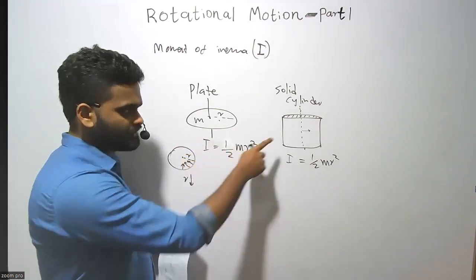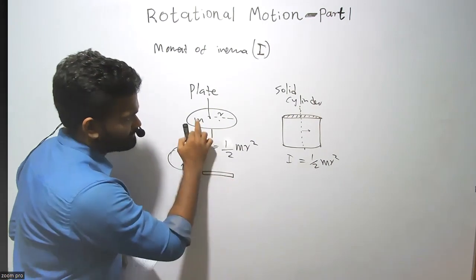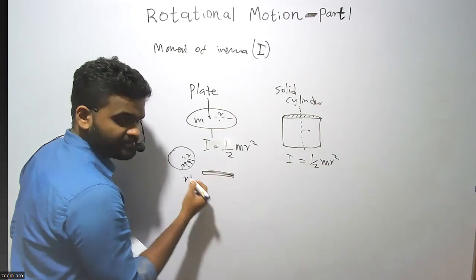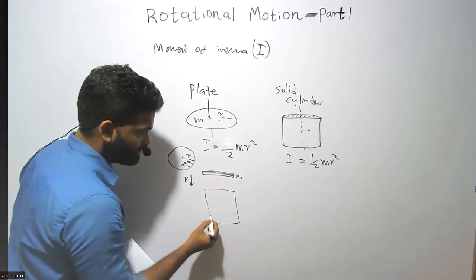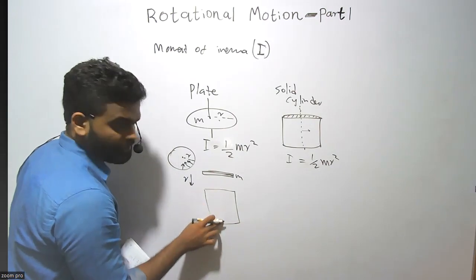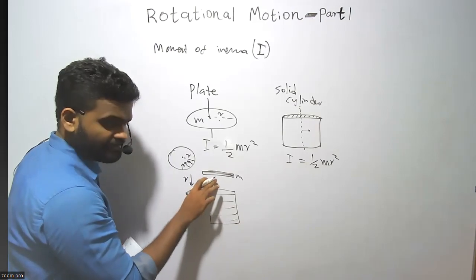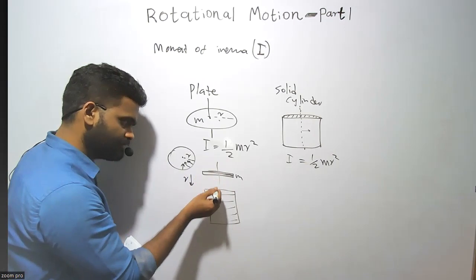Another way to think about this: this is like one plate. Let's say you cut this into many pieces, and if you increase the gaps between those pieces, you can make it a solid cylinder. Still that is the same object.